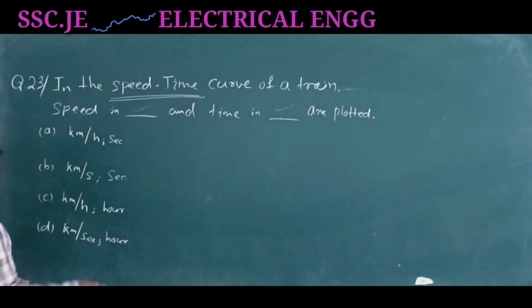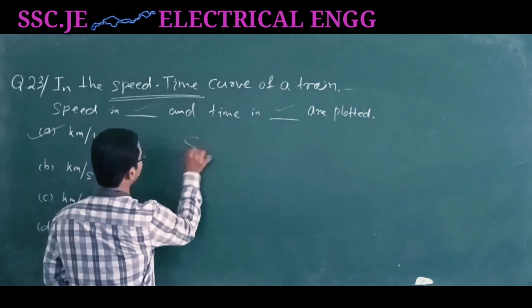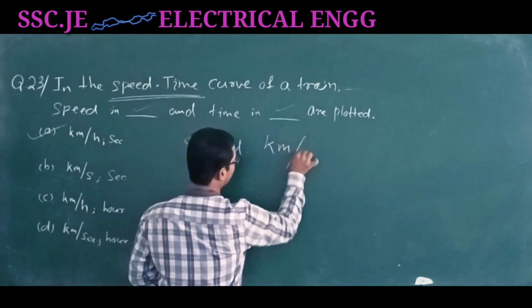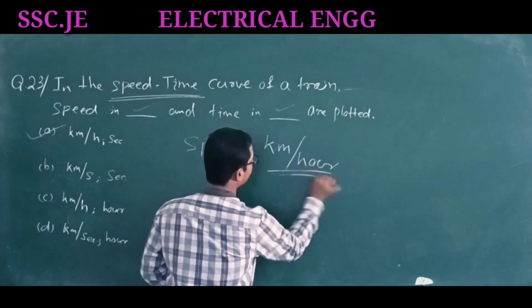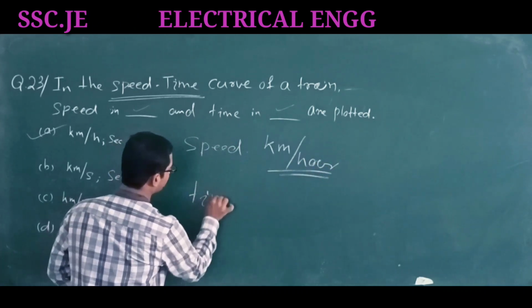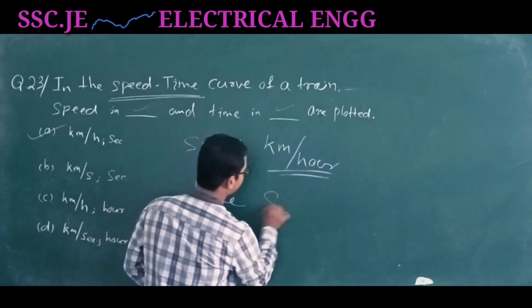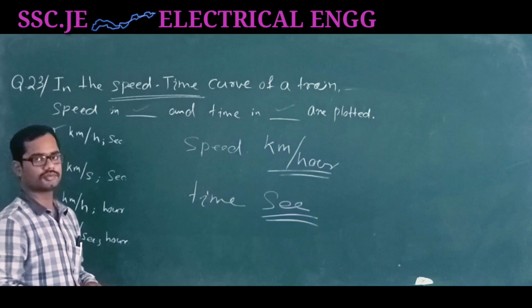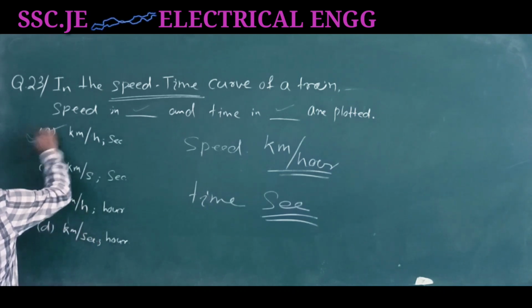The answer is A, kilometer per hour and second. Your speed will be in kilometer per hour and your time will be in second. This is a fundamental question. So the answer is A.